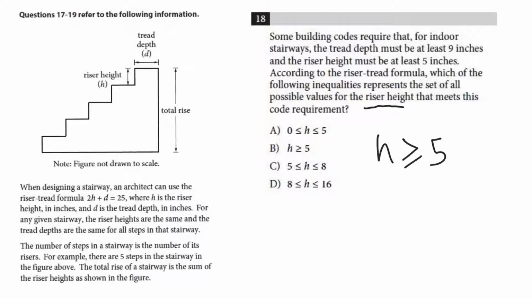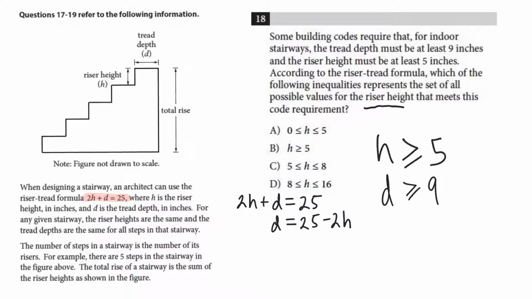We also know that the tread depth must be at least 9 inches. Okay, so it looks like all of our inequalities are in terms of h, so why don't we take our equation that we were given and solve that for d so we can eliminate that variable. And that's what I'm going to do. I'm going to start with 2h plus d equals 25, and I'll get that d equals 25 minus 2h.